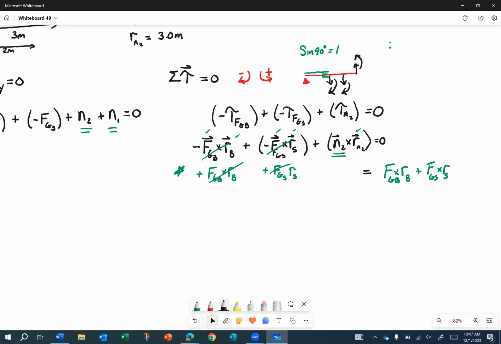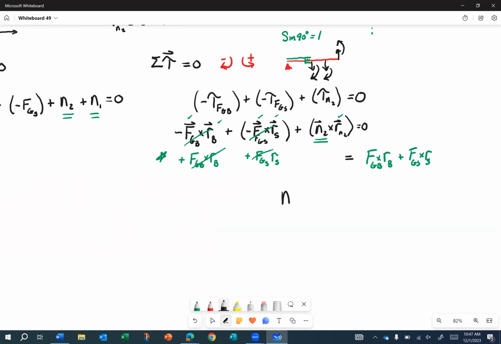Doing our algebra then, we have N2 times the lever arm of N2. So again, we've done the cross product. We can drop that. These are the magnitudes of those forces, and it is equal to the force of gravity of the beam, lever arm of the beam, plus the force of gravity of the student, lever arm of the student. Divide both sides by the lever arm of N2.